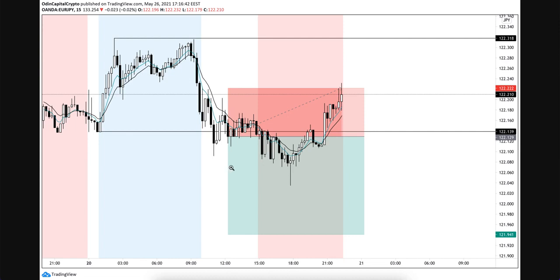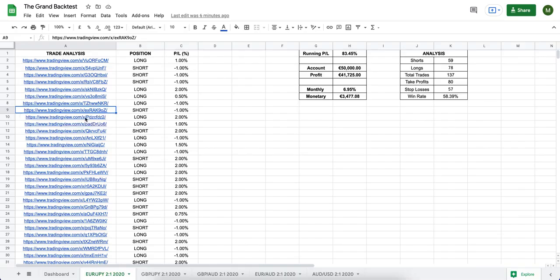So at this point we had our entry here. The market was super choppy, as you can see at the beginning of the year, and eventually during the US session the market moved to the upside, which is completely normal.